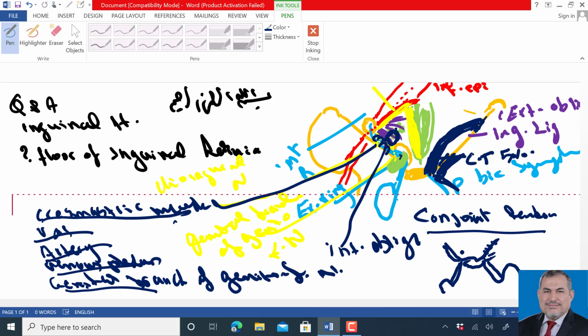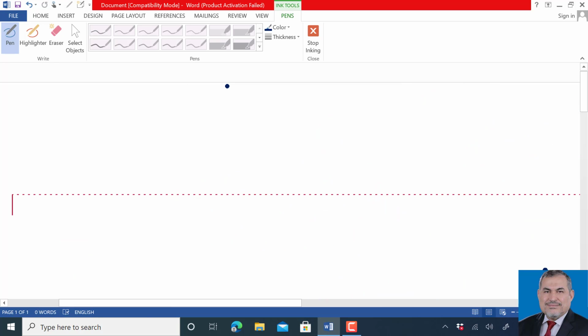What is the hernial sac made of? Hernial sac is made of peritoneum, or processus vaginalis. What attaches the testicle to the scrotum?